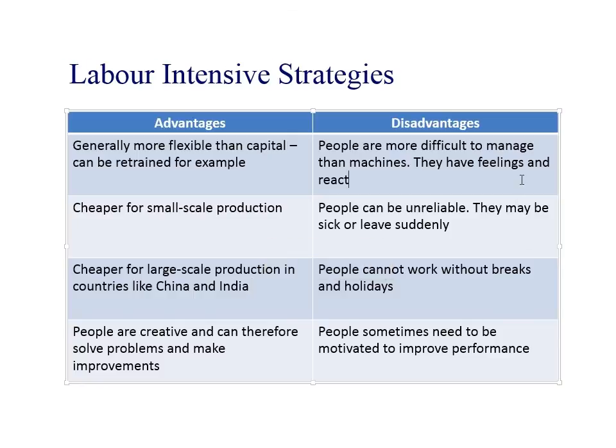But they can have difficulty being managed because you have to be nice to your workers. They could be unreliable. People are free to leave an organisation. They need breaks and they need motivation a lot of the time as well. So just a brief overview of those areas of physical resources.